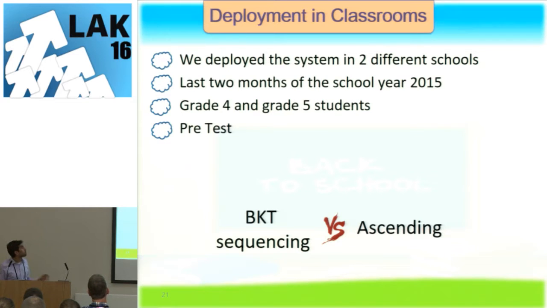We compared our BKT sequencing algorithm against a pedagogical expert algorithm called an ascending algorithm. The idea behind that algorithm is that the student gets a sequence of questions in ascending level of difficulty, and in each bin of level of difficulty, the questions were chosen randomly.